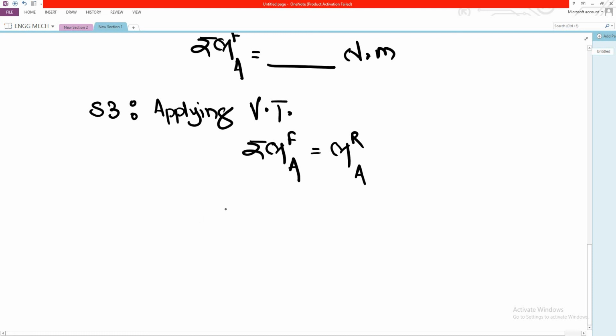Okay. Now we can rewrite this statement as summation of moment of forces with respect to point A is equal to, see, moment is product of force and displacement. Here we are talking about the moment generated by the resultant force.